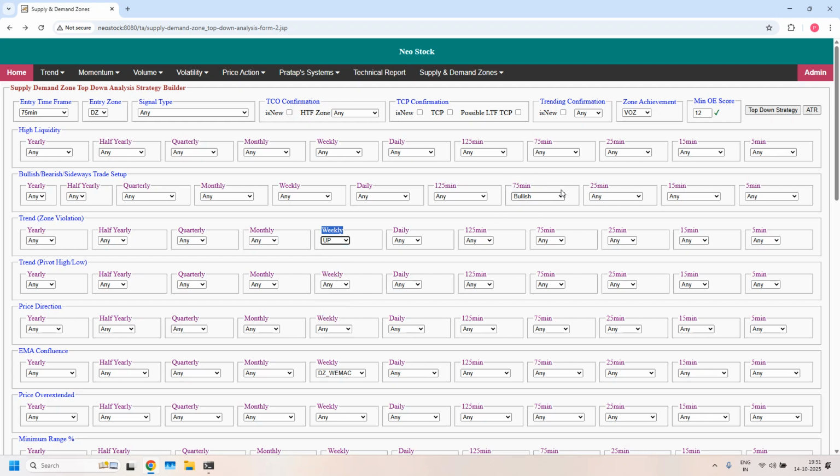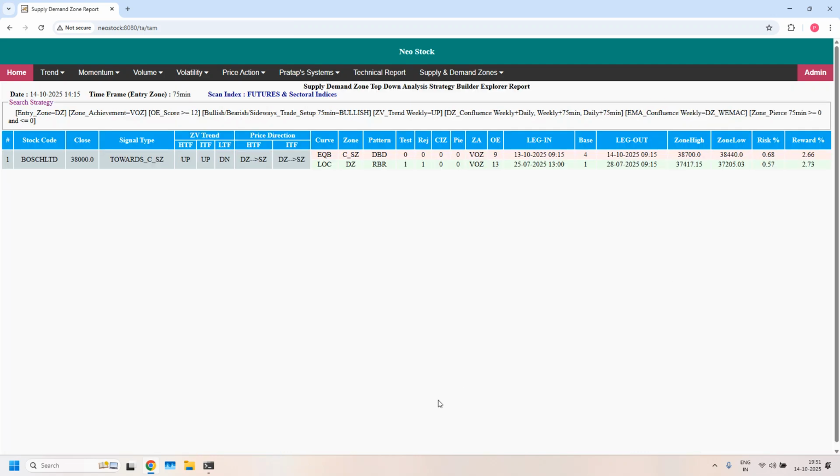It should be uptrend because it is a bullish trade setup. So we got 1 stock. So this 75 minutes demand zone might have more high probability to get success, provided lesson 30.3 checklist items are satisfied. So this is the bullish trade setup for weekly income trade.